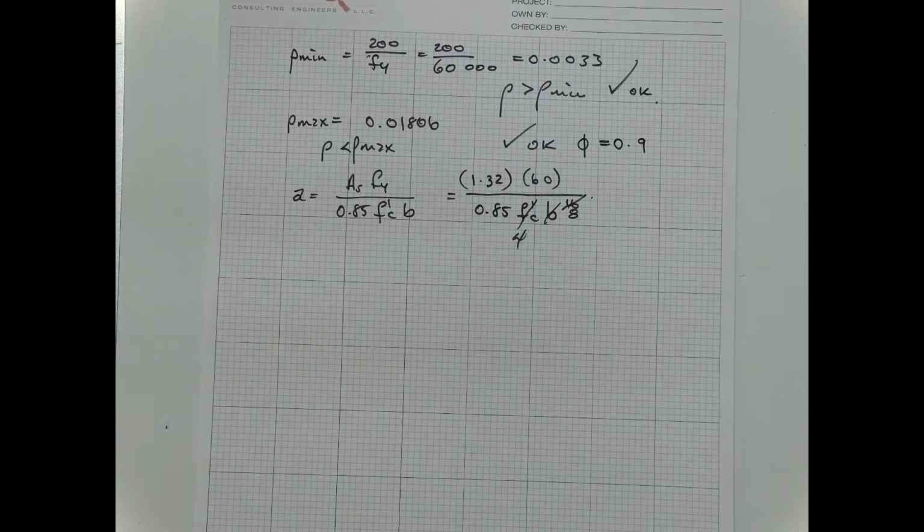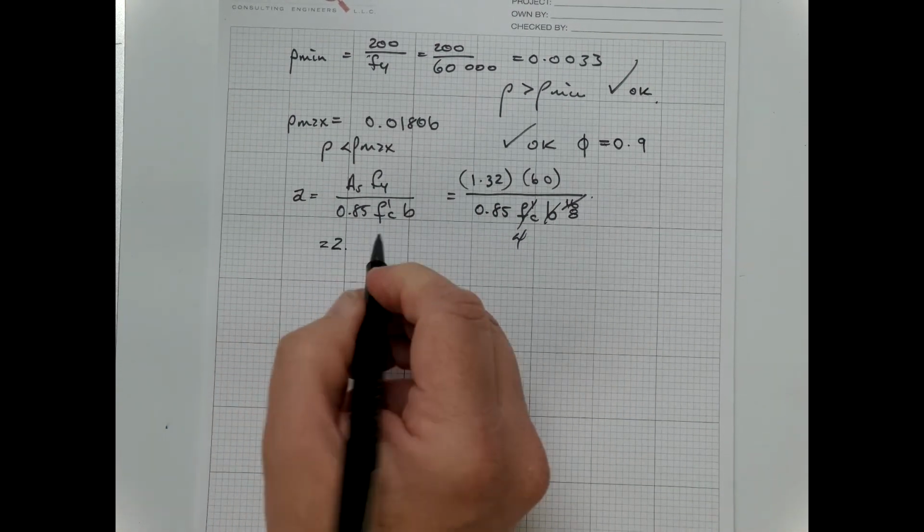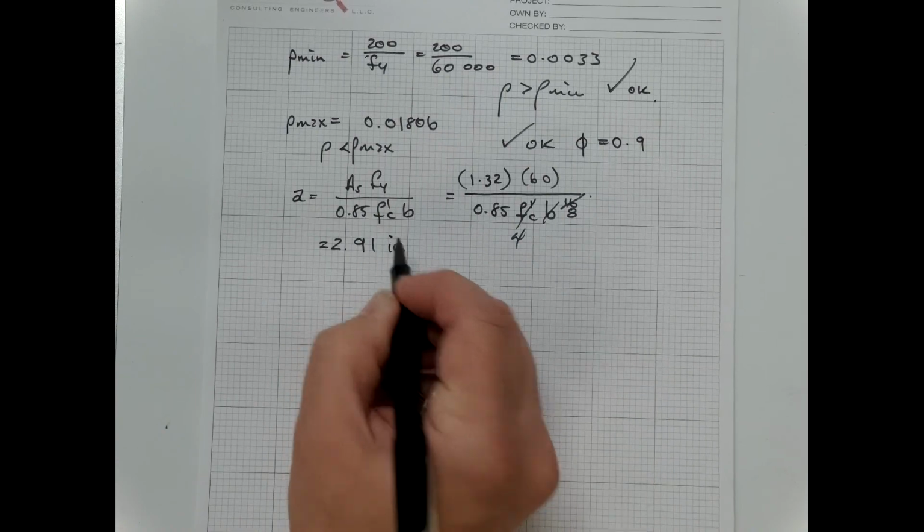And if we go through that, we get that A is equal to 2.91 inches.